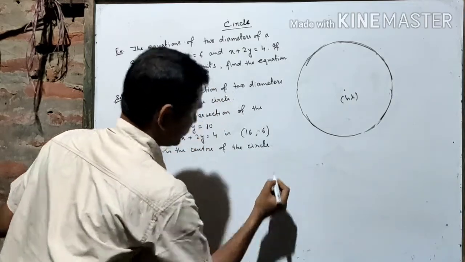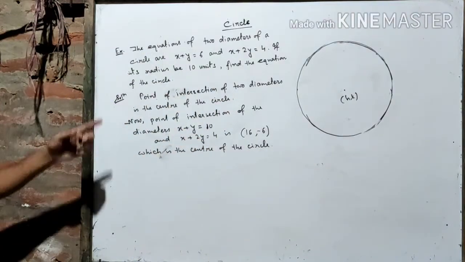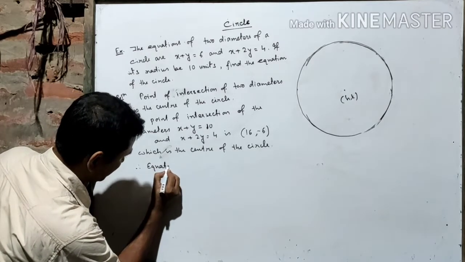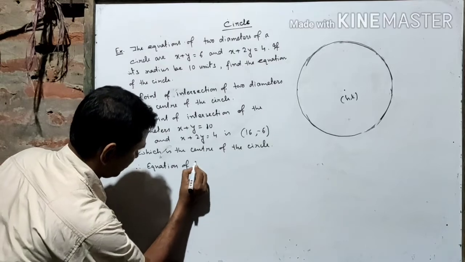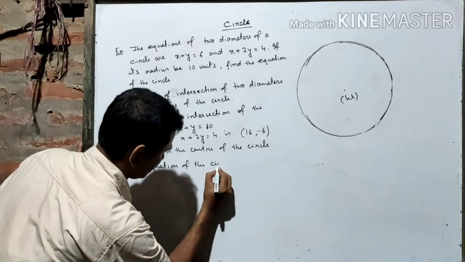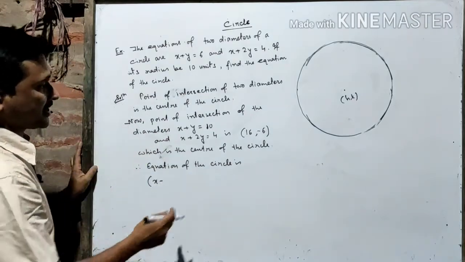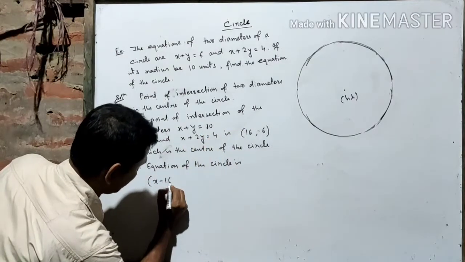Now we know the center and the radius, therefore equation of the circle is x minus h. What is h here? 16.